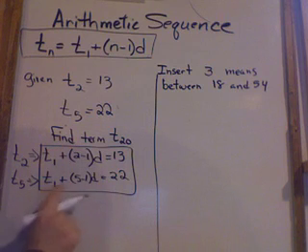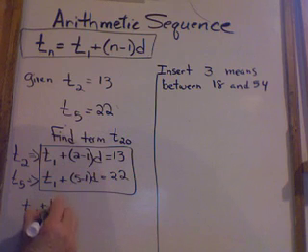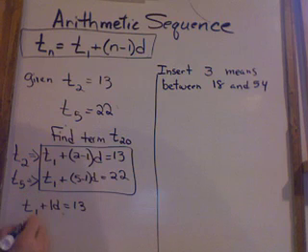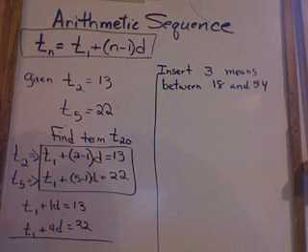I'll be able to find T1 and d. Watch what happens. First, I'm going to rewrite this. T1 plus 2 minus 1 is 1, 1d equals 13. This one, T1 plus 4d equals 22. I could add these.